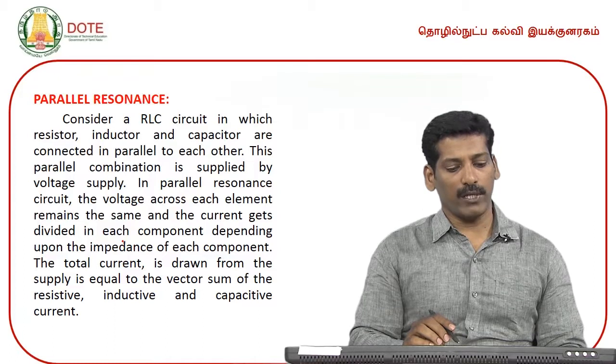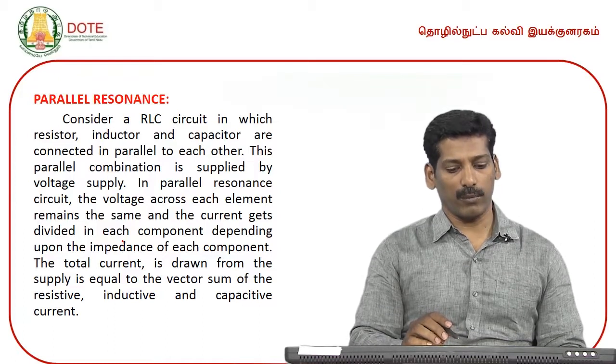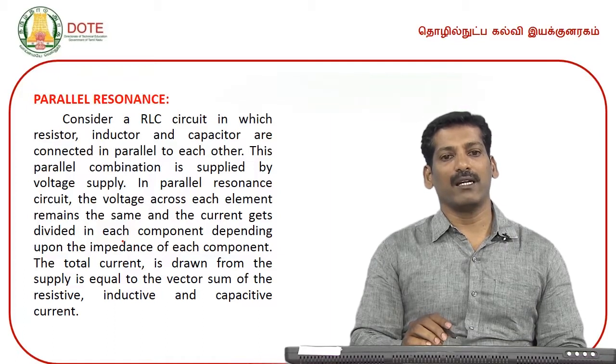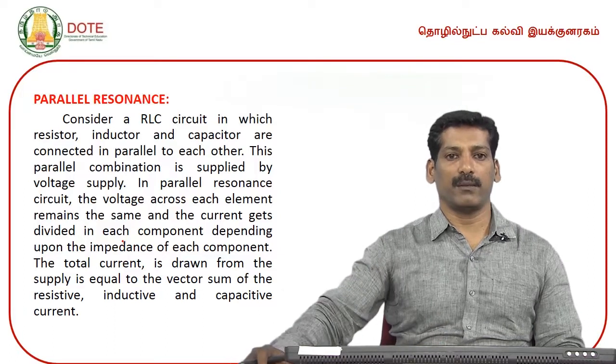This parallel combination is supplied by a voltage. In a parallel resonance circuit, the voltage across each element remains the same and the current gets divided in each component depending on the impedance of each component. The total current drawn from the supply is equal to the vectorial sum of the resistive, inductive and capacitive currents.